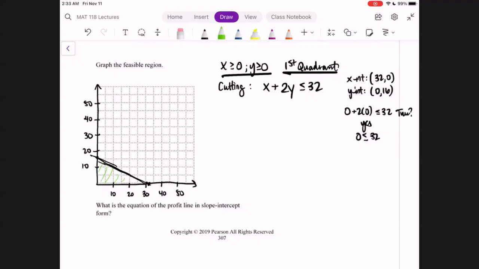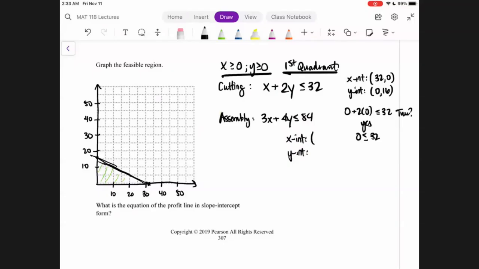Then I need to graph the one for the assembly. For this one, it is 3x plus 4y less than or equal to 84. If you do the same approach, get your intercepts. Look at the previous one, or remember, you could look at Desmos and get them that way.